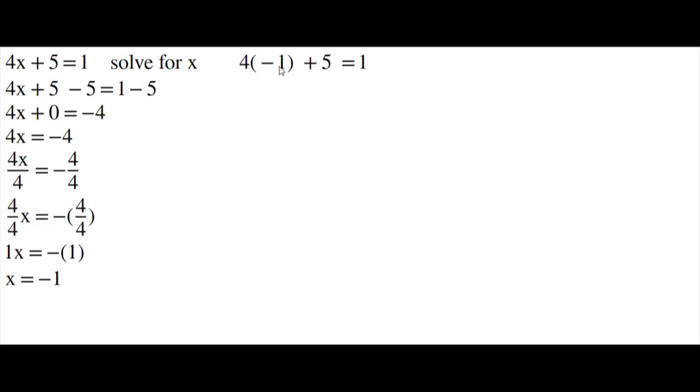So 4 times -1 is -4. Why? Because the 1 doesn't change anything. However, it does change the sign, so it's going to be a -4. Plus 5 is equal to 1. Okay, now here's an interesting thing. A -4 plus a 5.